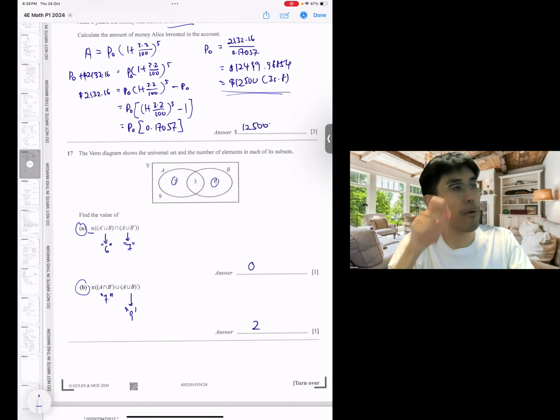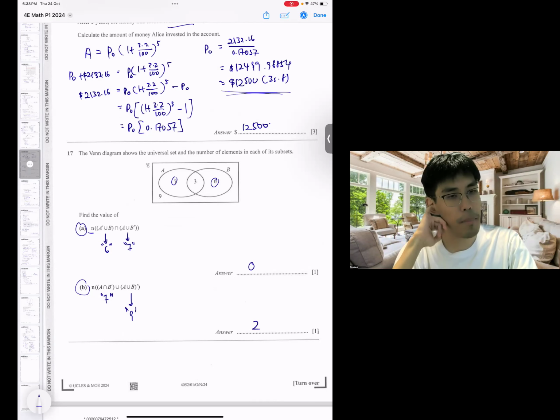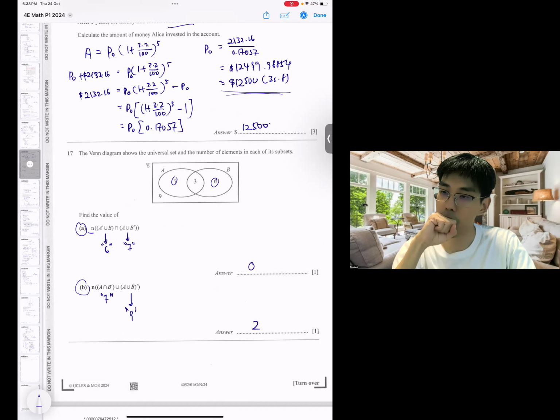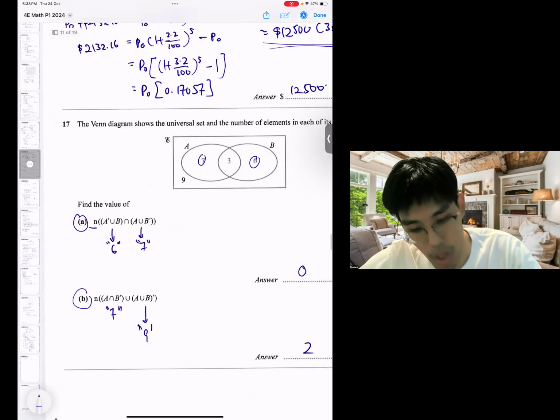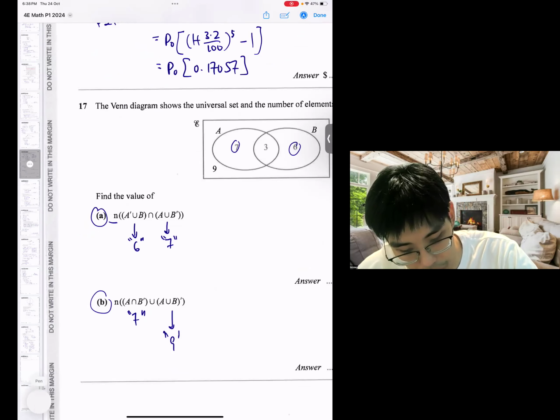A union B prime, does it include B? No. Or combine. Combine means have. Combine. So A union B prime, we have actually a few elements, which is 3 as well.